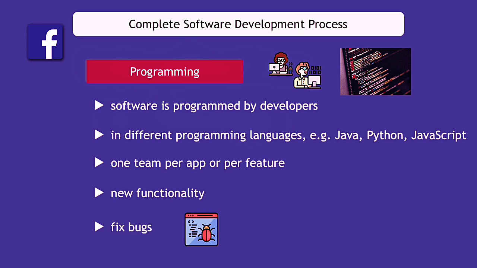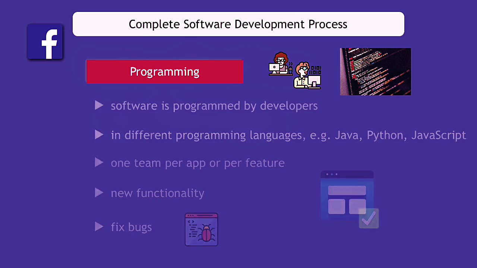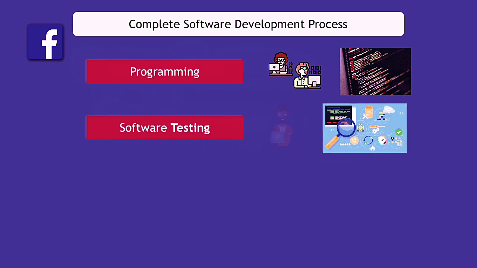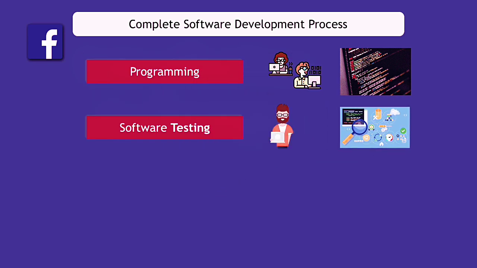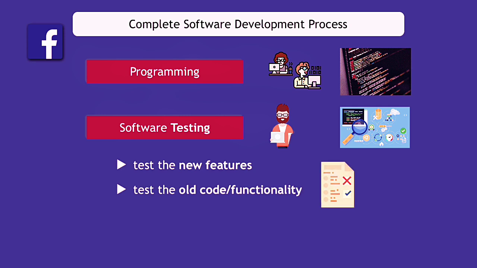Once the development process is done, so to say, the feature is developed and it's functioning, the next step is to test the application. If you have an existing complex application where you add new features and fix bugs all the time, of course, it's important to make sure that the code changes didn't break the existing functionalities. So that when Facebook releases a new version, you can still log in, you can still chat, upload pictures, and everything else works as well.